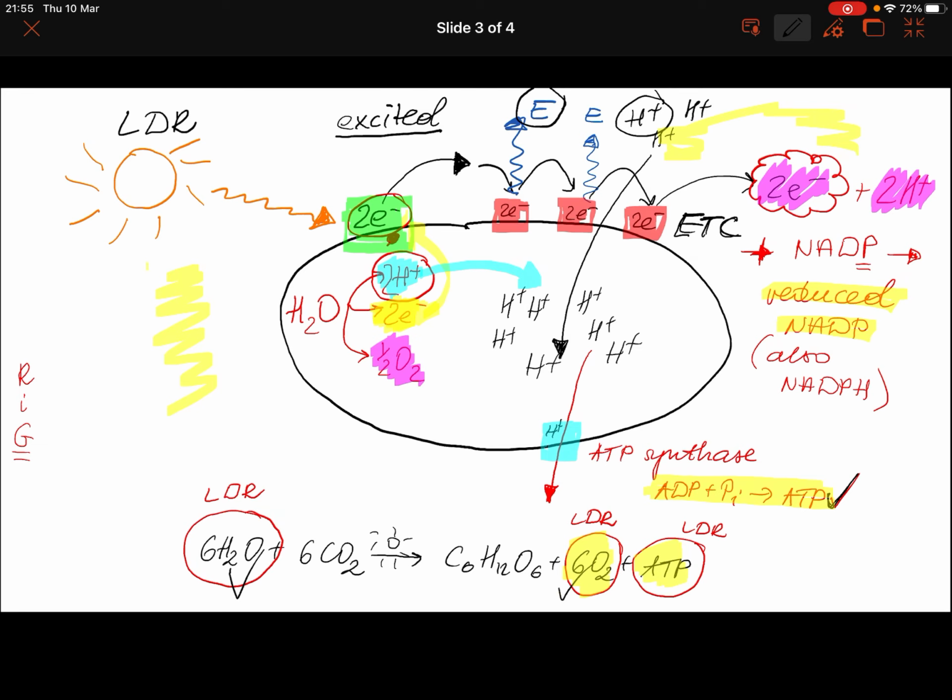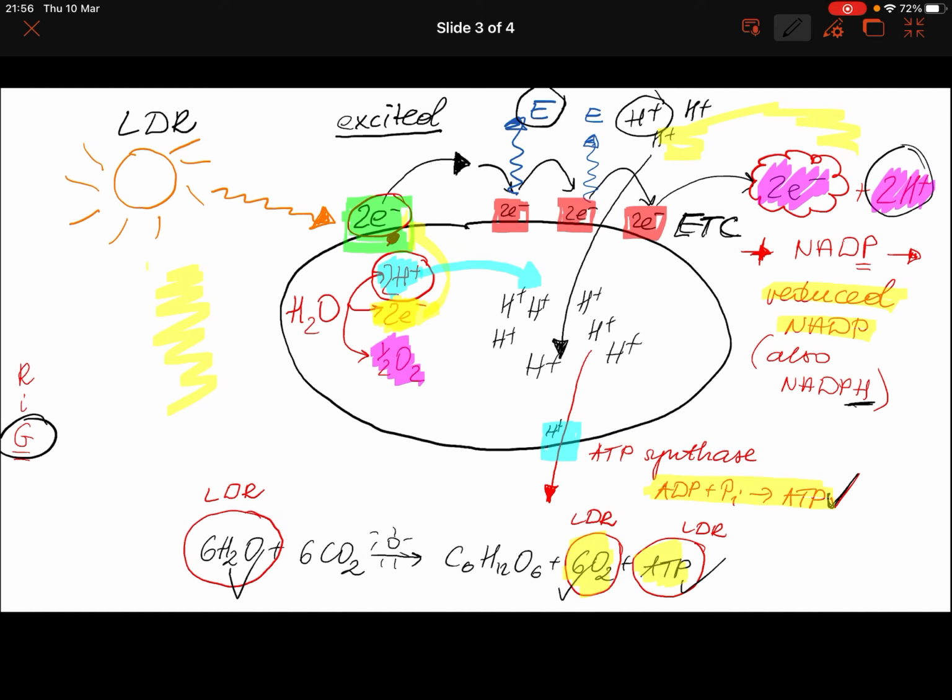The jumping electrons and hydrogens were then accepted by coenzyme NADP, forming reduced NADP. Why reduced? Because it's gained the hydrogens and electrons. So far, throughout the equation of photosynthesis, we've used water, we've produced oxygen, and we also produced ATP.